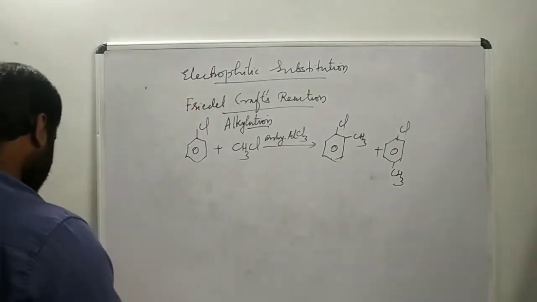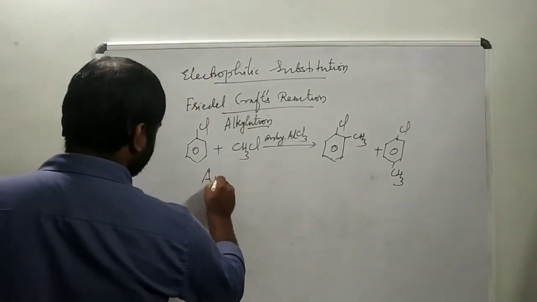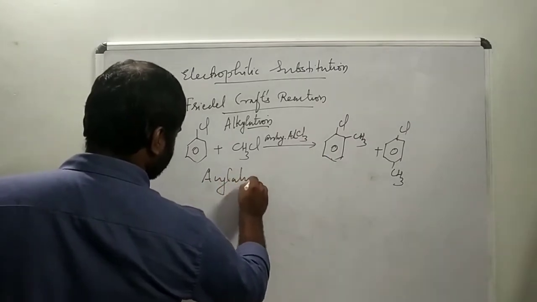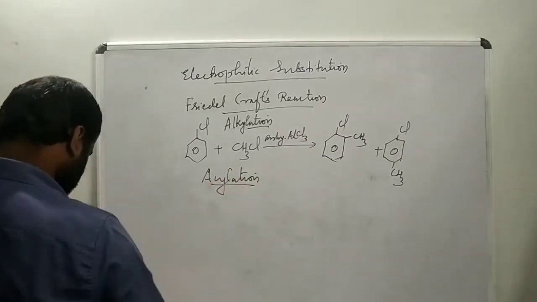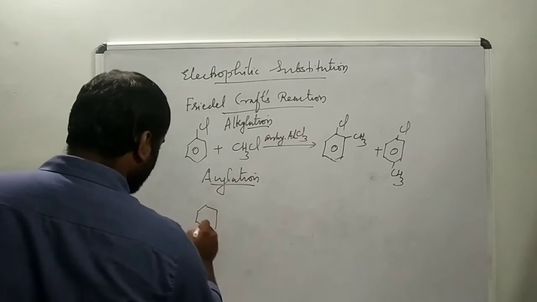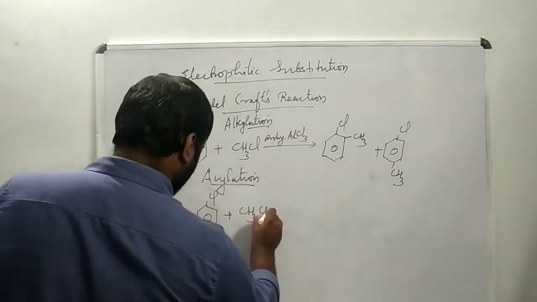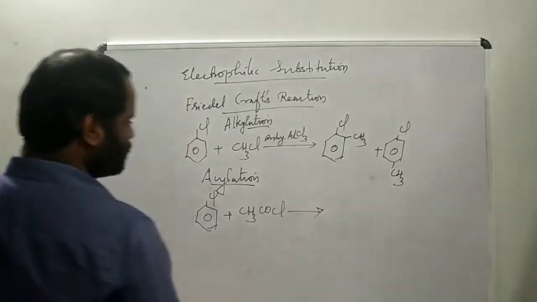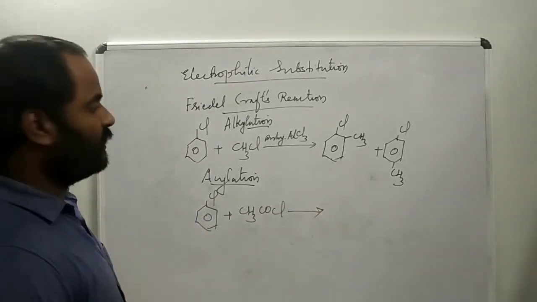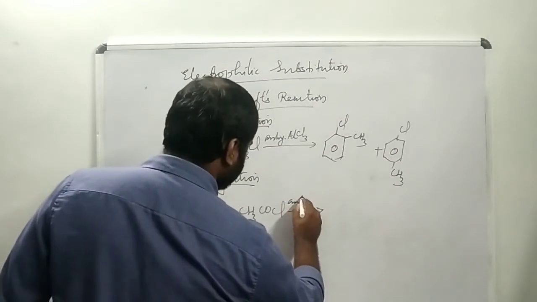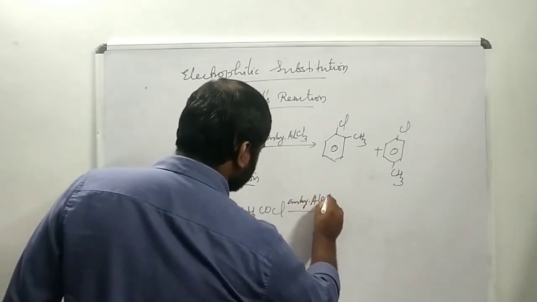Now we can discuss the Friedel-Crafts acylation reaction. Here, chlorobenzene reacts with the acyl chloride CH3COCl in presence of anhydrous AlCl3.